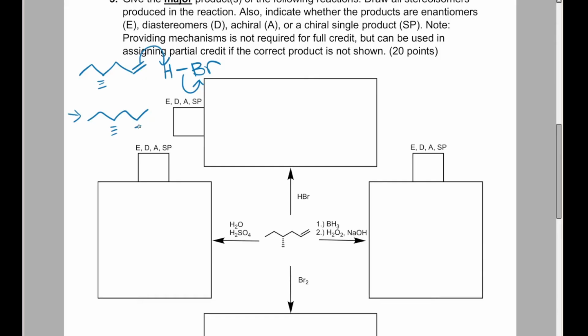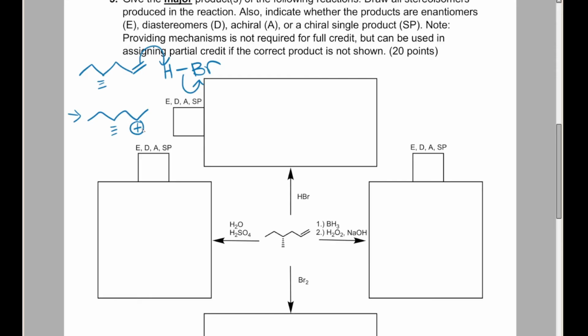But we want to put the carbocation on this carbon because it's attached to 2 other carbons, making it secondary, and it's more stable than this one, which only has one neighboring carbon, which makes it primary and less stable. And in this case, there's no rearrangement, because even though we have this methyl group, it's 2 carbons apart and not just 1 carbon apart, so we cannot shift it.